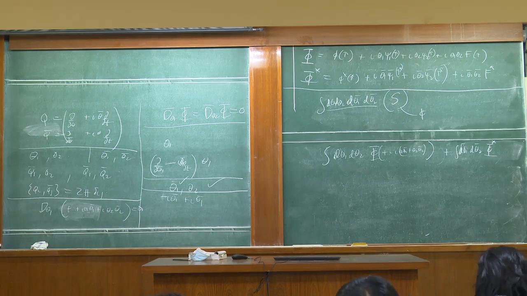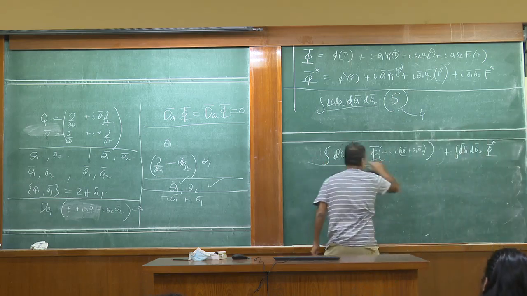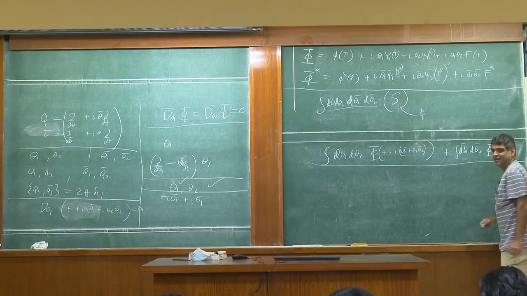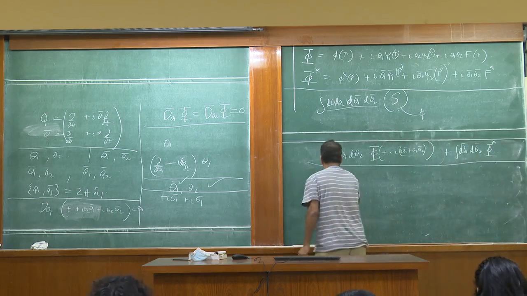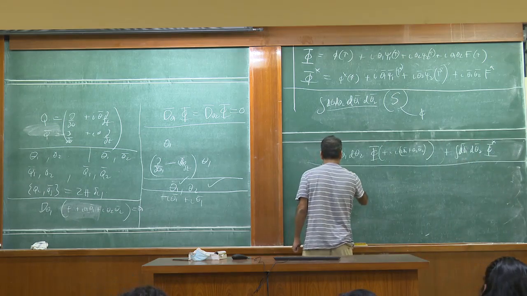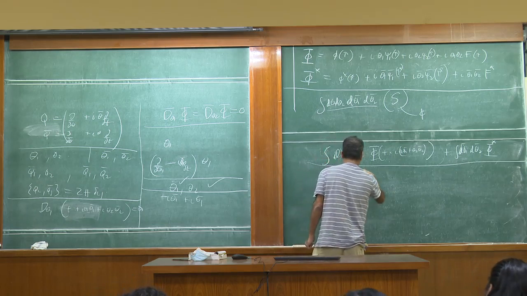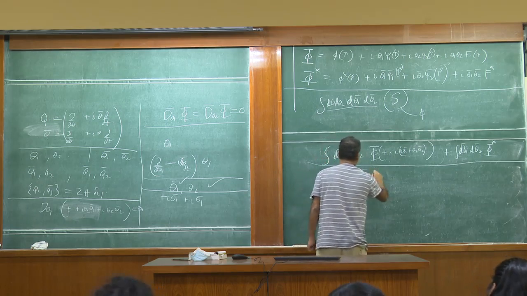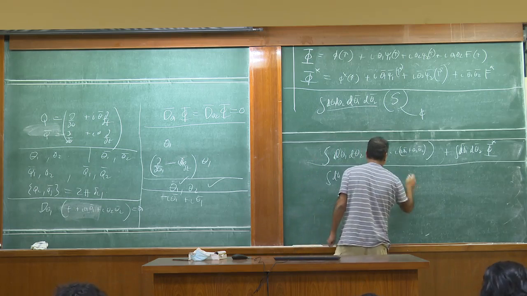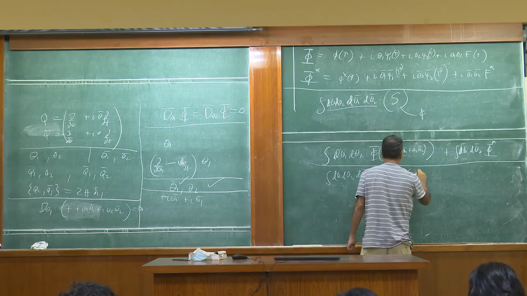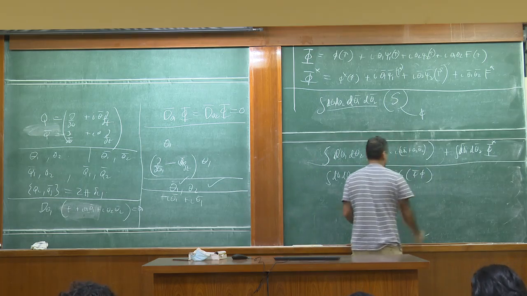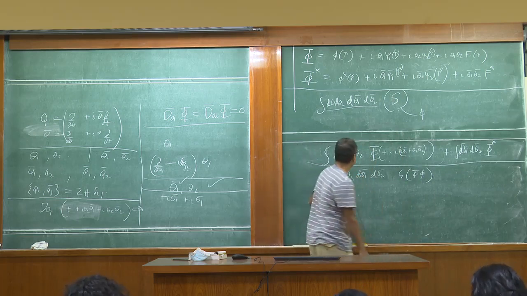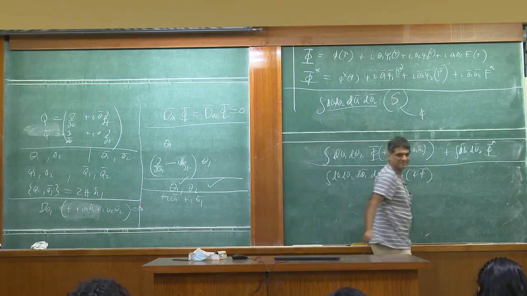Okay, excellent. So this is one kind of term that we can use. And the other kind of thing that we can write is d theta 1, d theta 2, d theta 1 bar, d theta 2 bar times some function of phi bar phi.